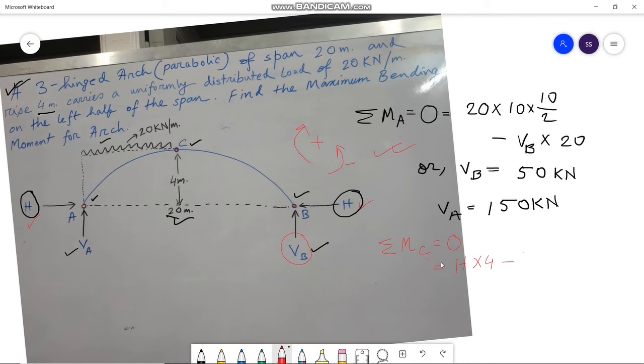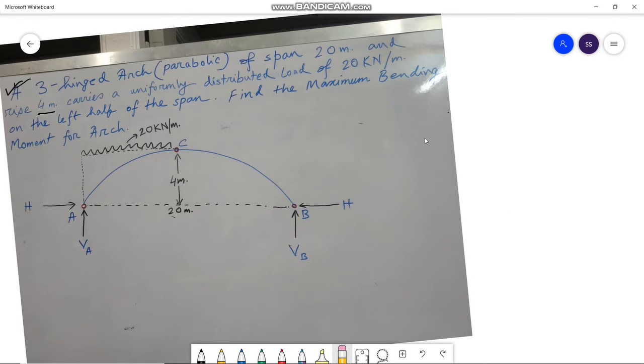So the moment caused by the force Vb is Vb into 10 meter, as the distance between point C and force Vb is 10 meter. So calculating this, we get H equals to 125 kilonewton.